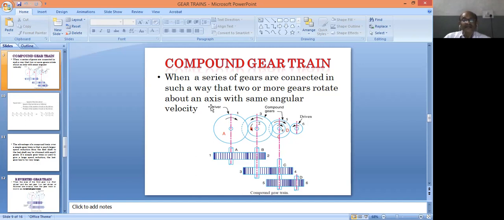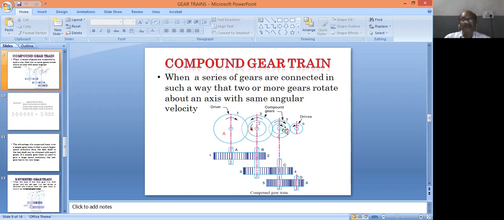What is the definition of the compound gear train? When a series of gears are connected in such a way that two or more gears rotate about an axis with the same angular velocity. For example, if the shaft rotates at a particular angular velocity, gears 2 and 3 are mounted on the same shaft, so they rotate with the same angular velocity.